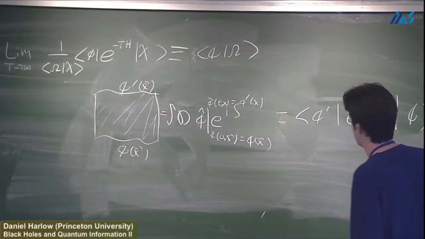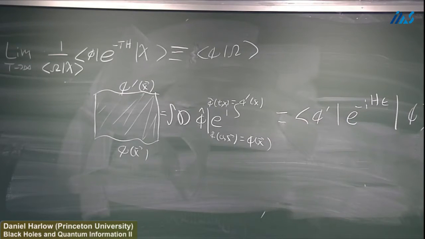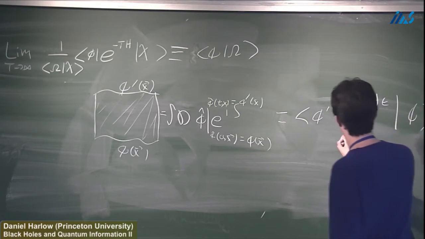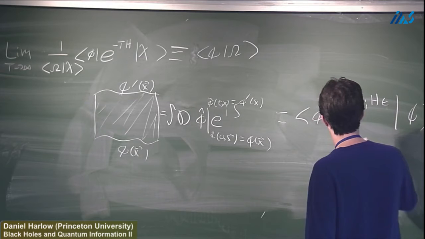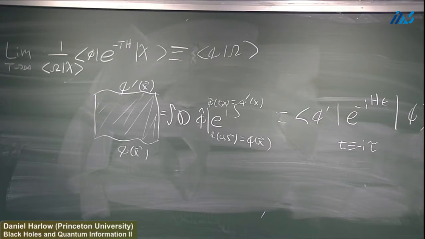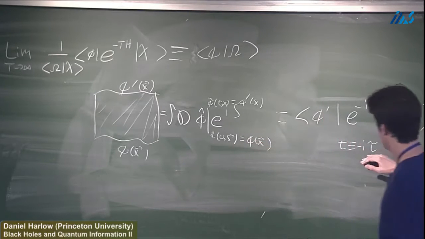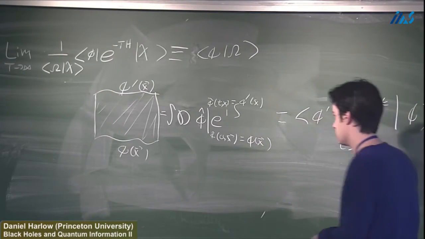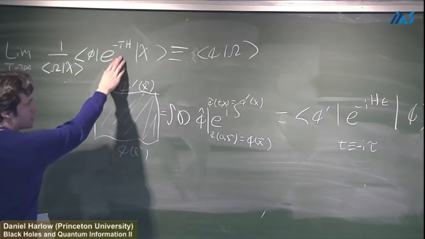The details of that are of course important when you really want to do these calculations, but it's easiest to just say we pick this to be minus i tau. Then I do the path integral with the time coordinate being imaginary, and that is exactly computing this.